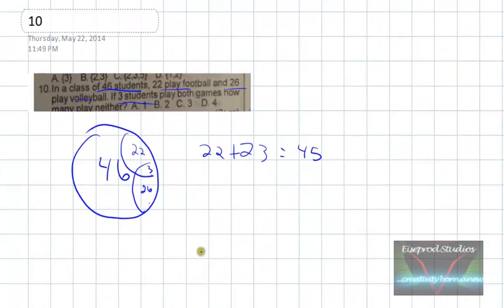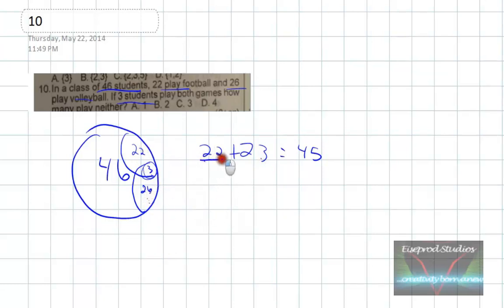So the mistake that many people will make is they'll try to add these two and subtract that from 46, and they'll find that it doesn't work. Since 3 of them are included in both sports, we have to take that out of one of these two numbers, so that we're not double counting those same 3 students.